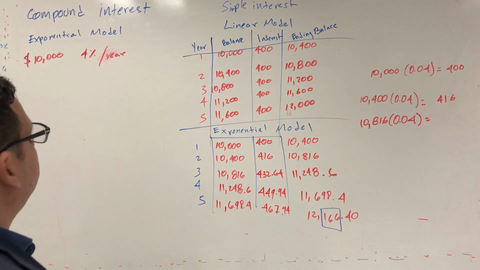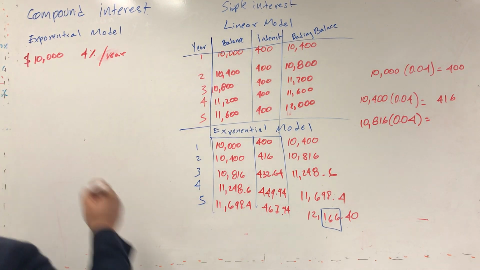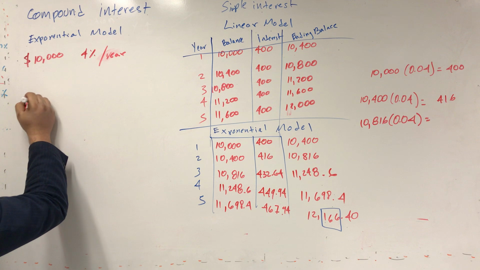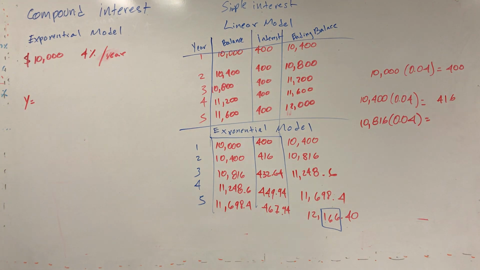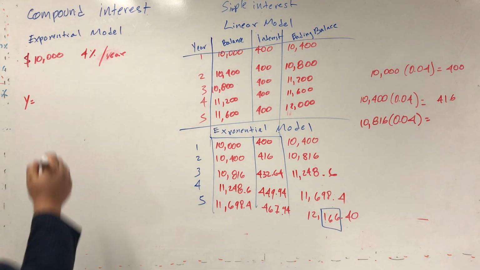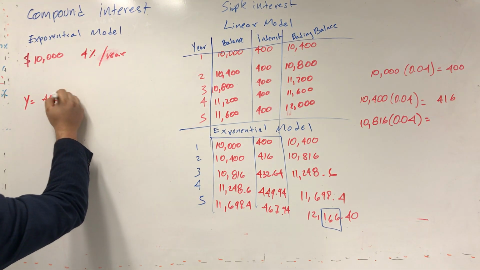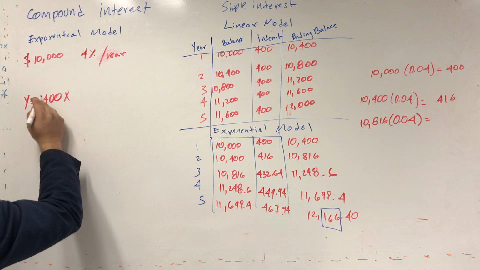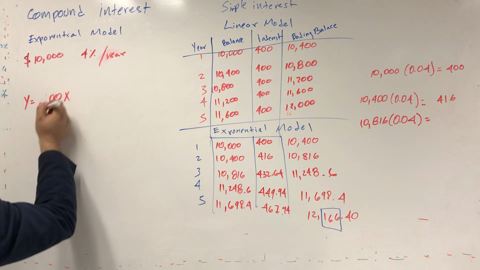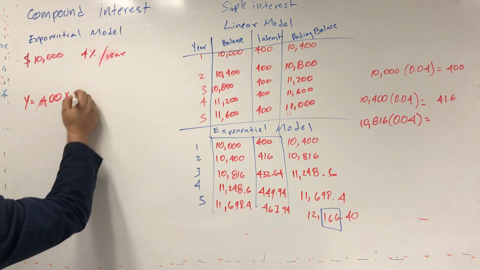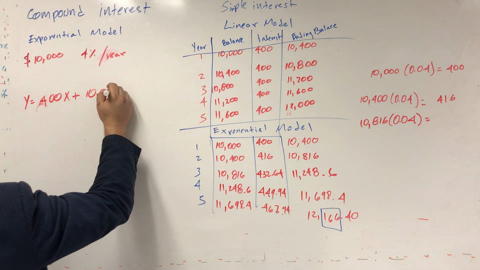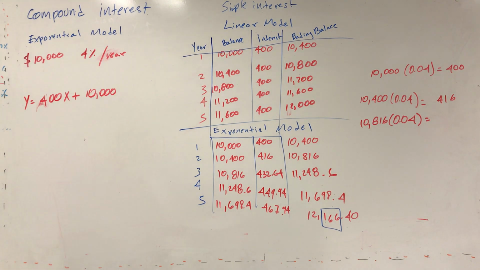Okay, let's build the functions. I have a function that is 400, which is the interest, and x represents the year: 400x plus 10,000, which was your first amount that you deposited there.